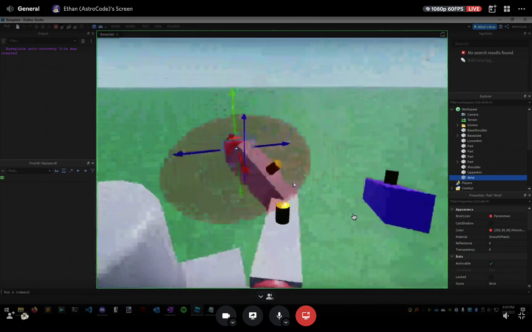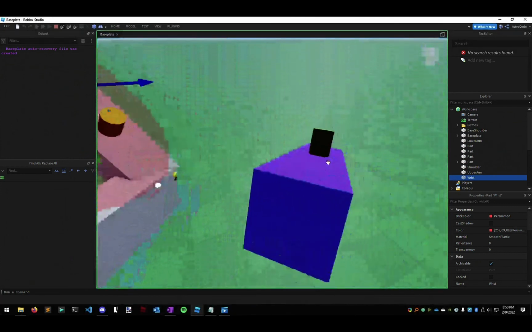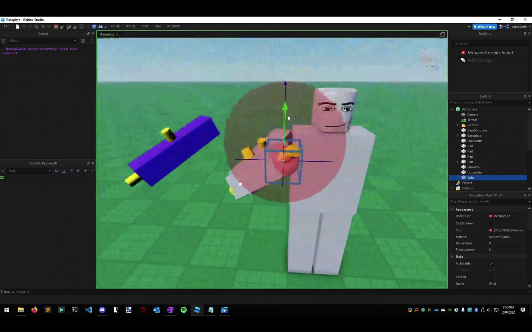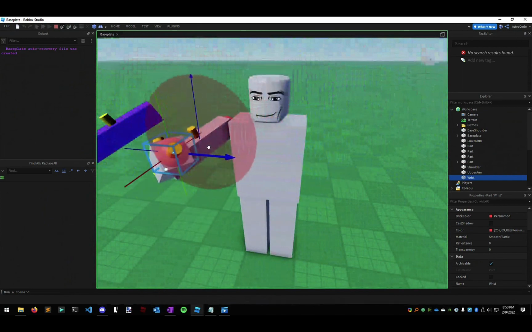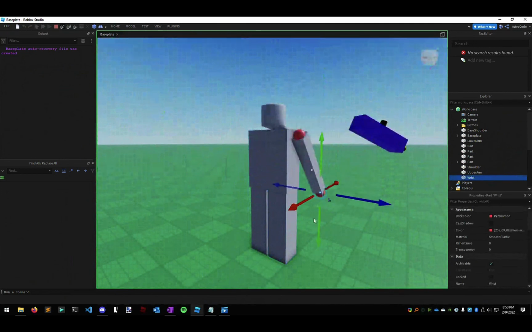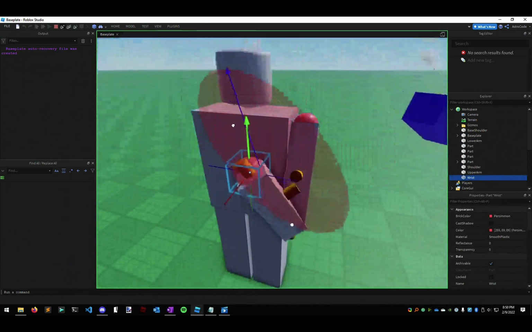But yeah. So you can see that the elbow is kind of near in the direction of this purple vector. And if we move the arm around a bit, it looks a bit more natural. Let's see if we go behind the back. The arm might be twisted, but it does a decent job.